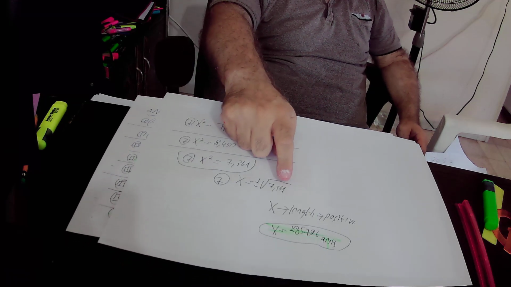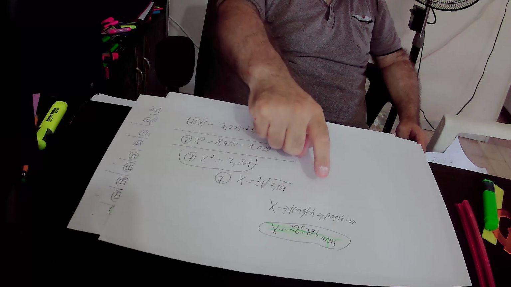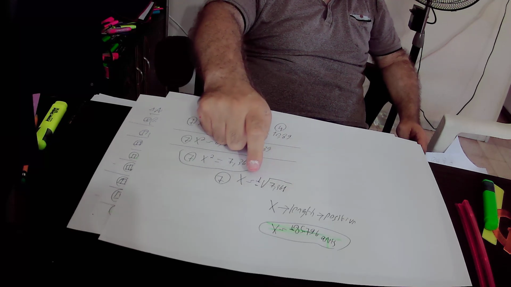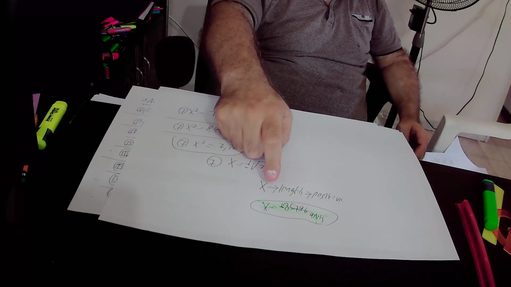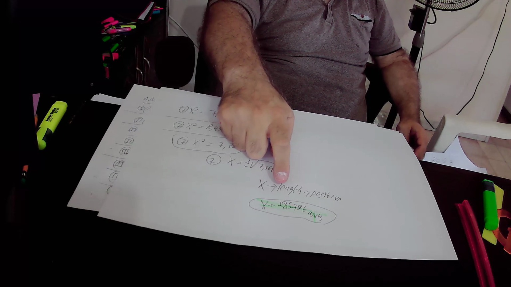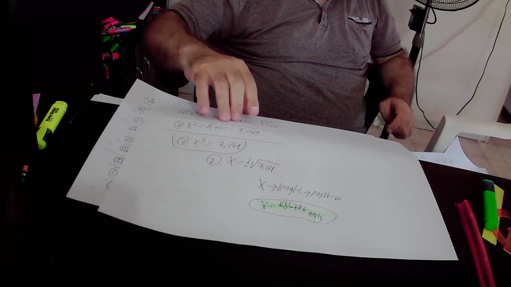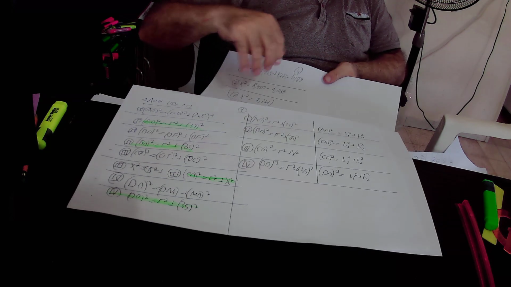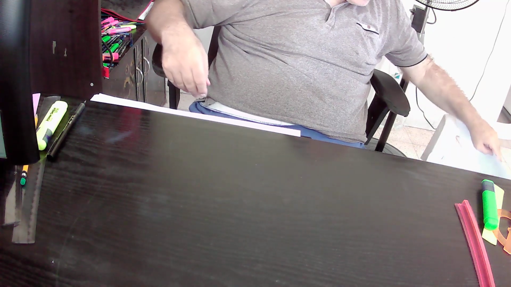But because x is a length, x as a length must be a positive number, so we take into account only the positive solution and found out that the length of the line segment that we are looking for equals 85.796 units. We finished with the first question, then presented to you the second question, and we solved the second question in two different methods.